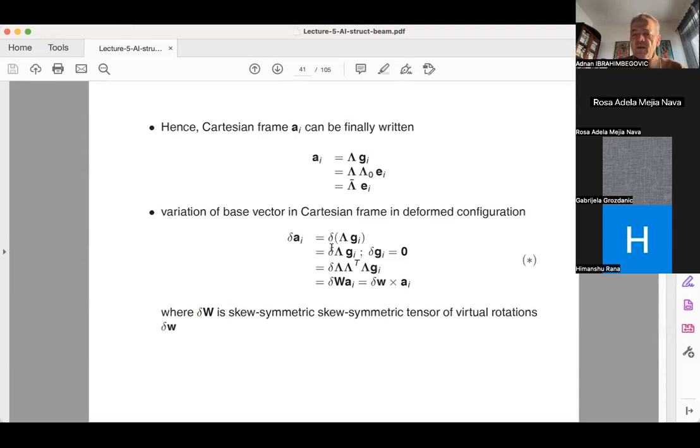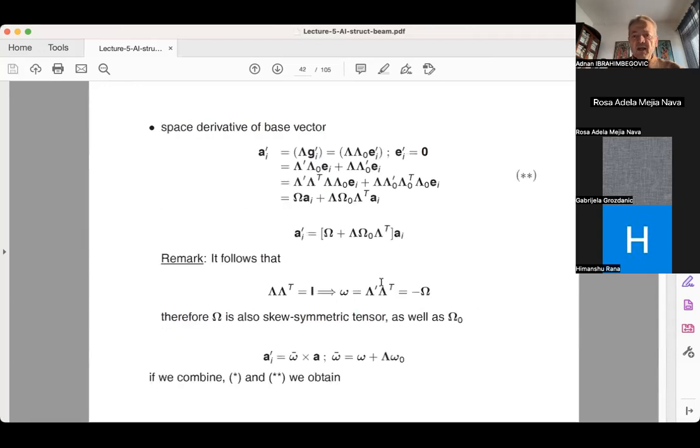So just as we used to compute the variation of the orthogonal tensor, the orthogonal tensor variation is delta lambda times lambda transpose, and that again times lambda here. So basically these two will give me delta W, the skew symmetric tensor of the infinitesimal rotations superposed at the point lambda in my configuration space, and lambda GI will again give me AI. So I can write this in terms of the axial vector of this skew symmetric tensor, delta uppercase W, as delta lowercase w cross product with AI. So this is the way I compute my variation.